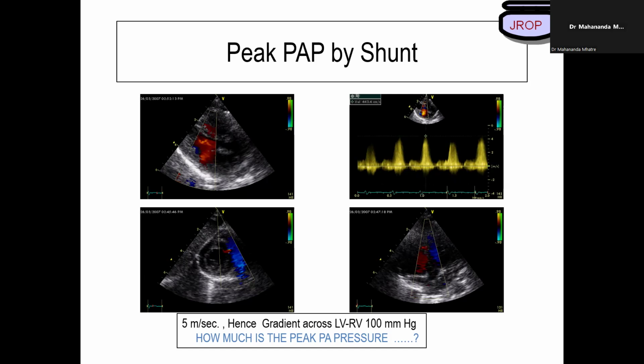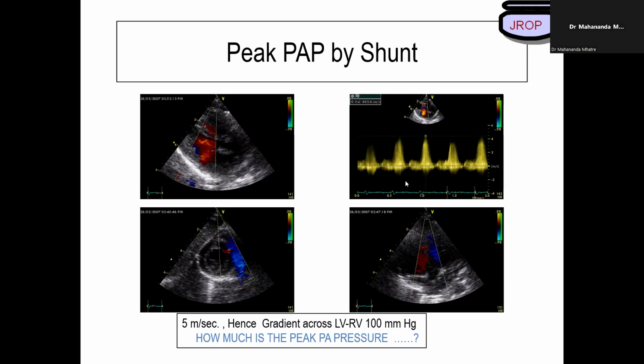Dr. Chandrika Naik. Are you there, Dr. Chandrika? Yes, sir. Good morning. Dr. Chandrika, we have a pressure of 20 millimeters of mercury as a mean pressure. What would be the peak pulmonary artery pressure if my mean pulmonary artery pressure is 20? So we have to calculate it with the formula.